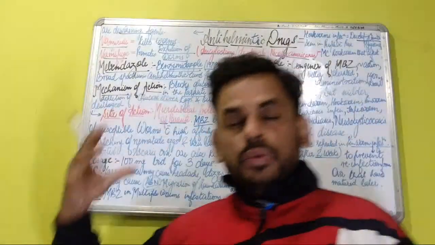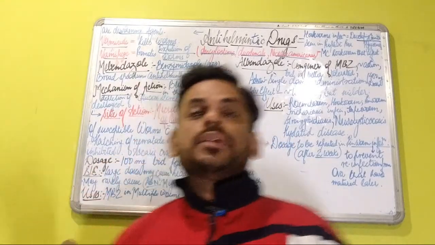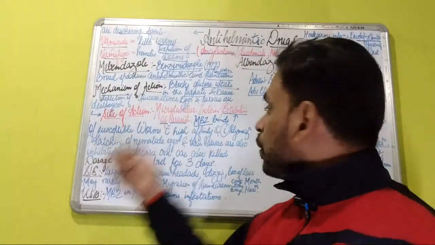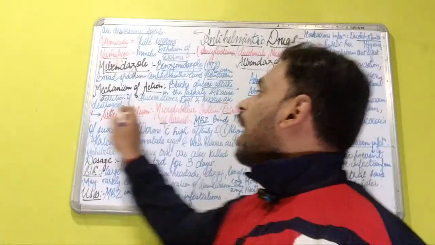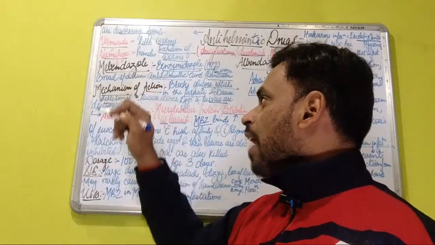Whatever glucose stores these parasites have, it is going to deplete them, and ultimately that will cause the eggs and the larvae to be destroyed. So this is the mechanism of action of mebendazole.